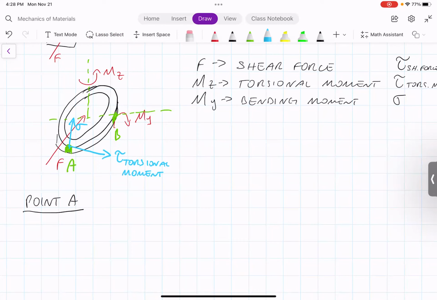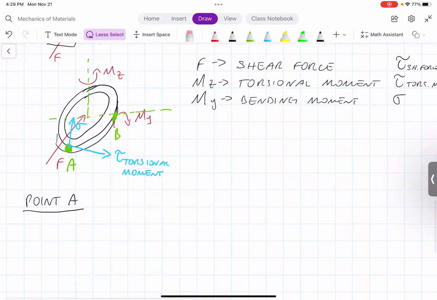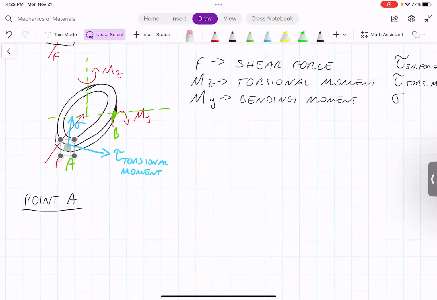So what about the effect of the force? The force is a transverse force, and at point A it doesn't have any effect at all, because we know that the shear stress due to the shear force has a quadratic distribution, and it is 0 at the top and the bottom of the cross section. So the value of the shear stress due to the shear force at this point here is equal to 0, exactly like at this point here.